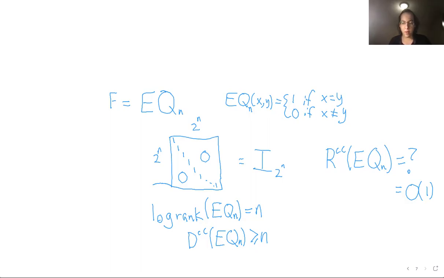So Alice and Bob will just repeat this a few times, let's say 10 times. If x and y are different strings, then because we pick the hash function at random, every time we have a 50% chance of discovering that the strings are different. So if we do this 10 times, we will almost certainly discover that x and y are different. But of course, if x and y are the same, then all the hashes will always be the same.